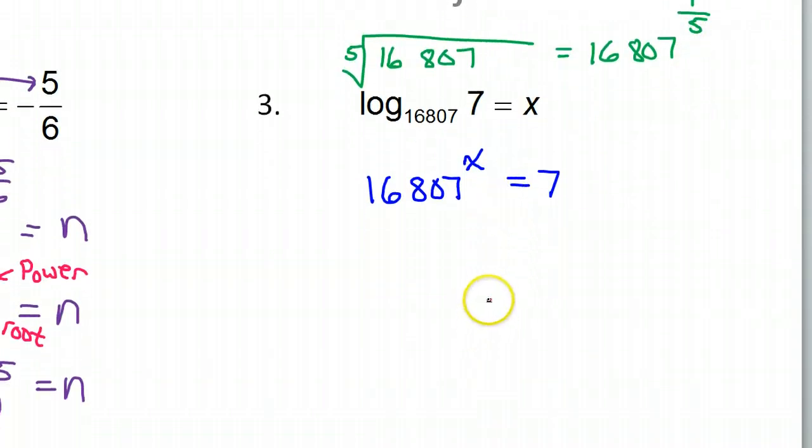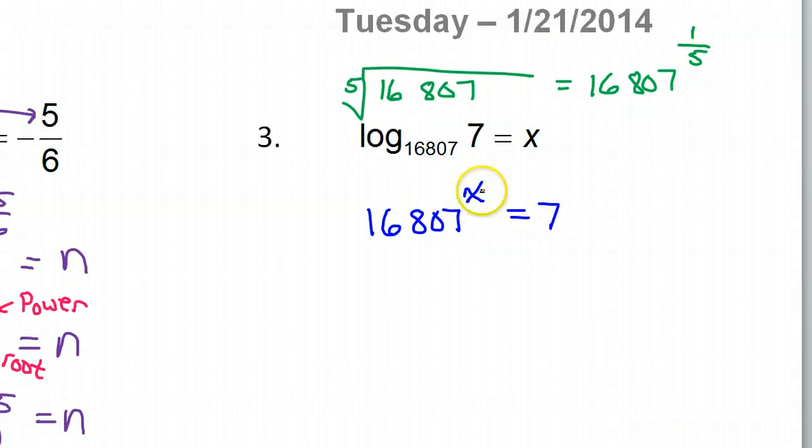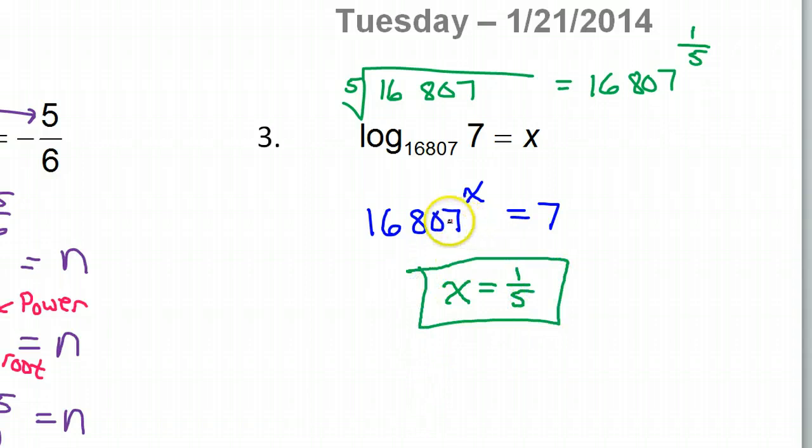So that means that this exponent must be 1/5, because it takes the 5th root to change this into a 7, and that's the same thing as the 1/5 power. I guess I should say equals 7. So that's it for the warm-up.